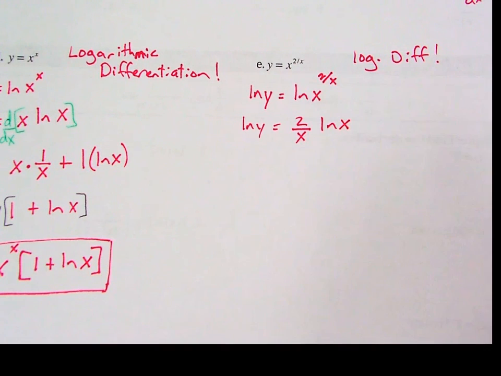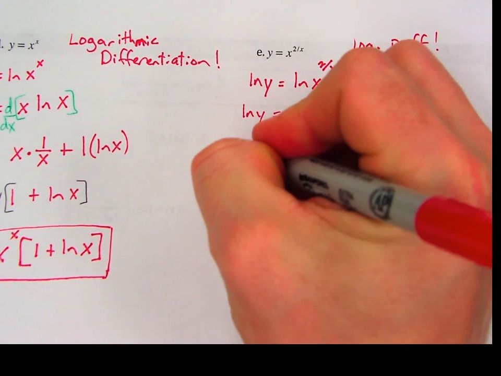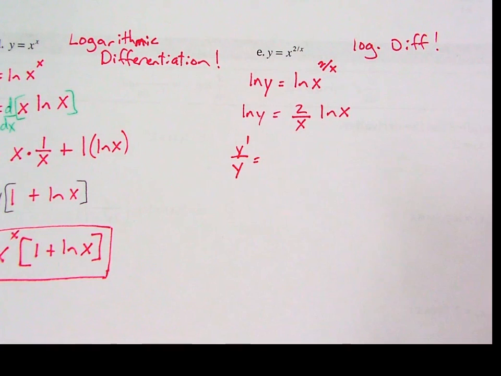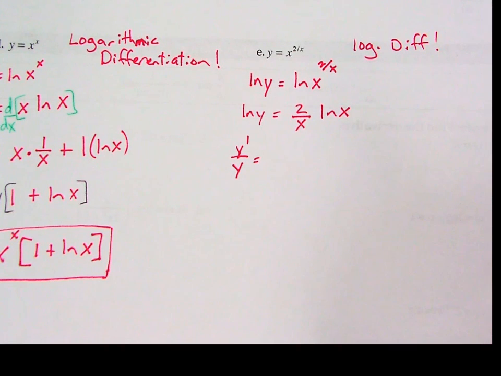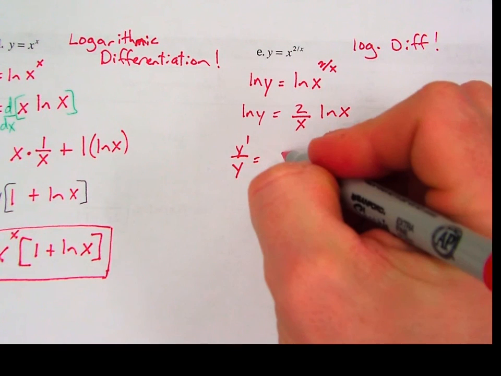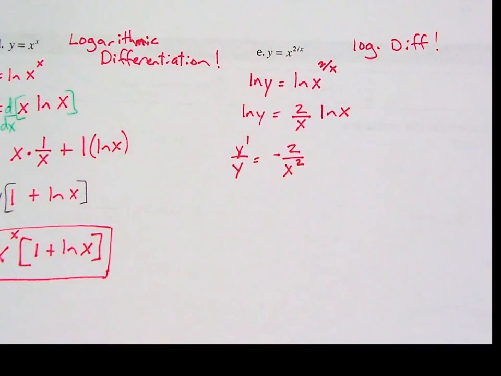Do you want to use product rule or quotient rule? Product rule. So it's 2x to the negative 1. Alright, and so the negative then comes in front. Then we decrease it to x to the negative 2. So we really have negative 2 over x squared.